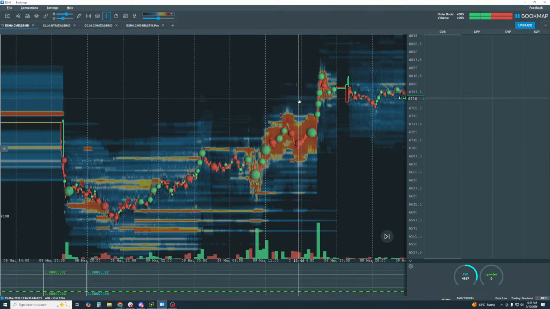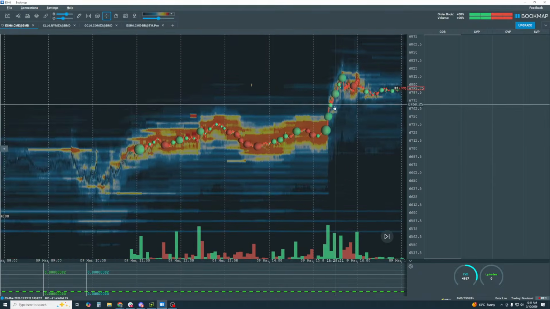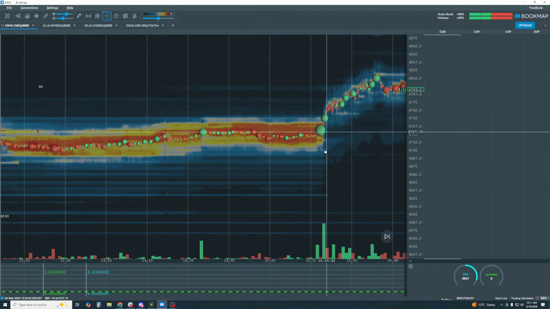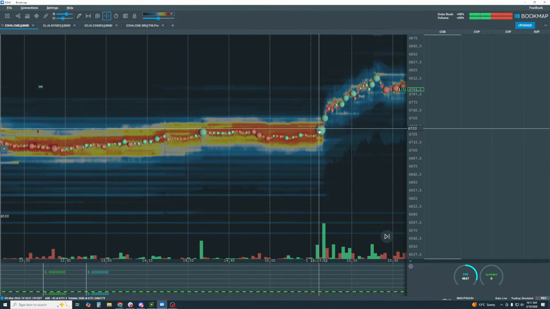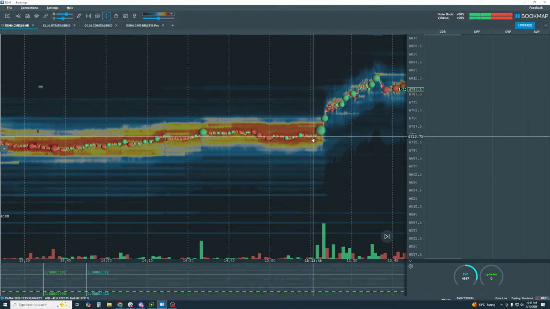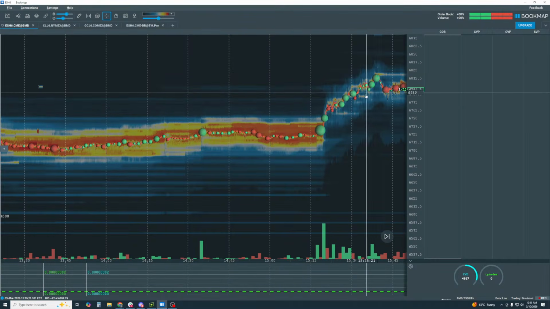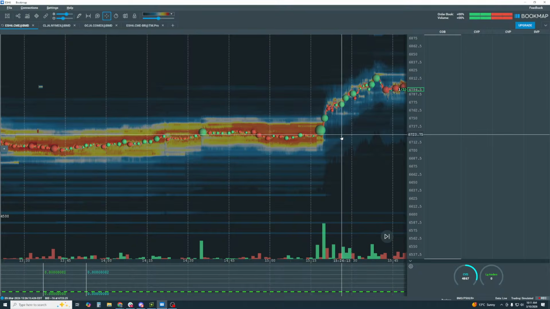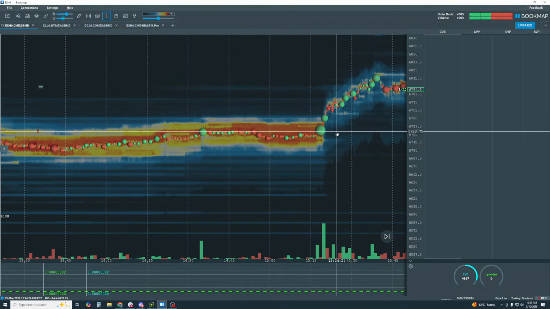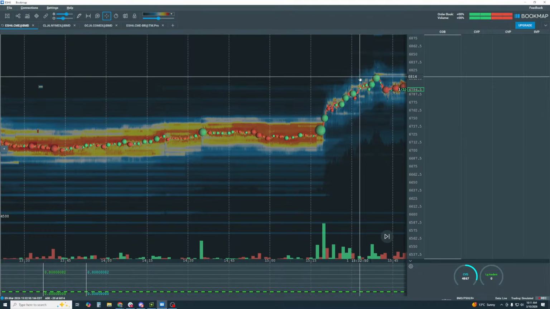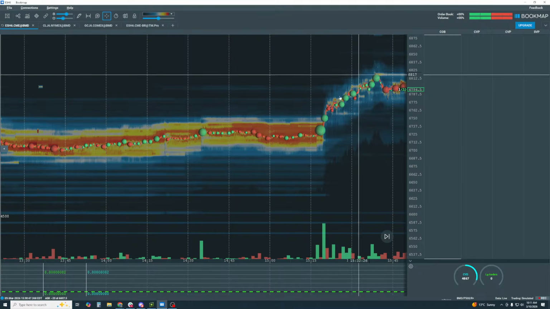Trump came out later, just after 3, and said that this war can end sooner than later, and the market responded pretty substantially to it. We went from 67.28 to 68.14 or 15.